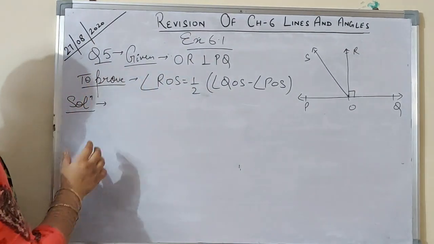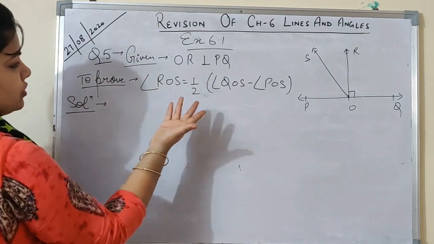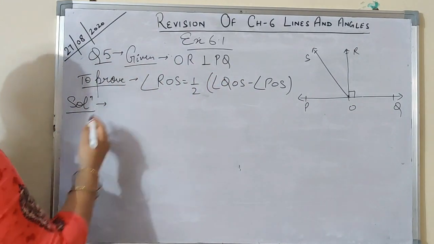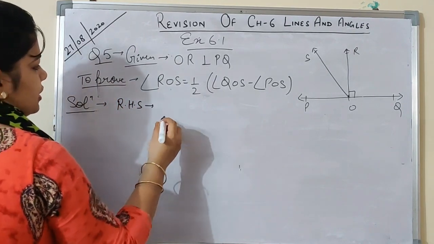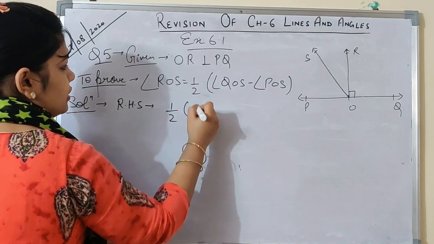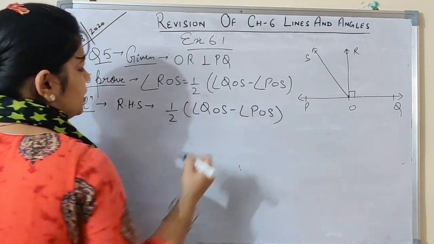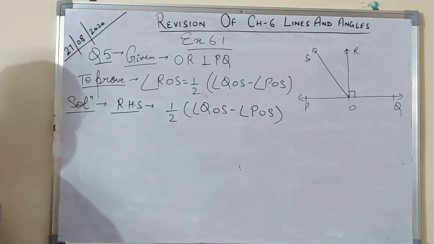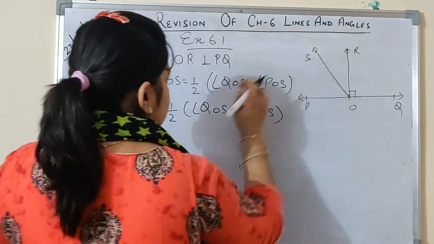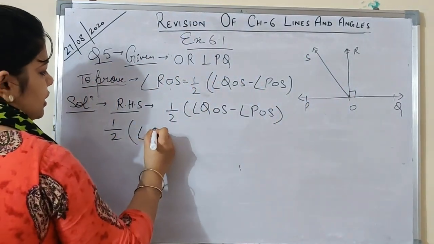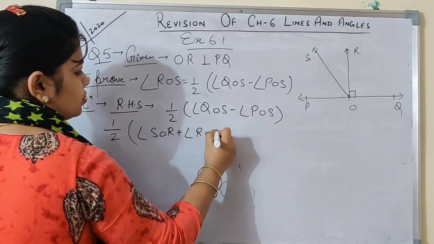Okay, I'm starting with what we have to prove. So I'm taking RHS first. You can take LHS also, but I'm starting with my RHS. So RHS of to prove is half of angle QOS minus angle POS. This is our RHS. Then in place of angle QOS, we can write angle SOR plus angle ROQ.